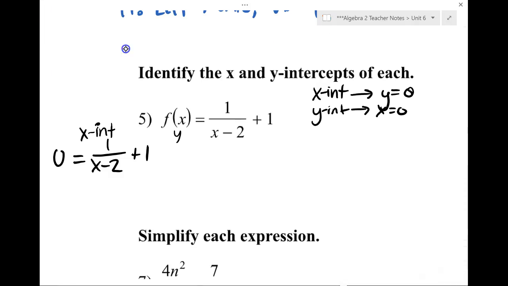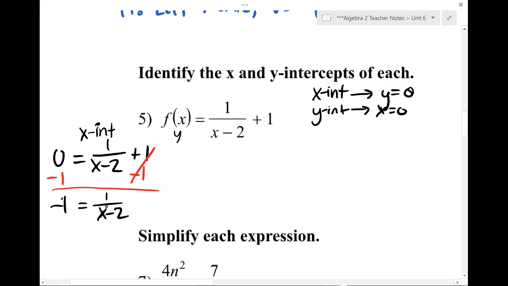And then that will tell us where it's at. So now the first step we want to do is we have a positive 1 over here. So let's subtract that from this side. And that cancels out there. Okay, so now we'll have -1 over here and 1 over x minus 2.